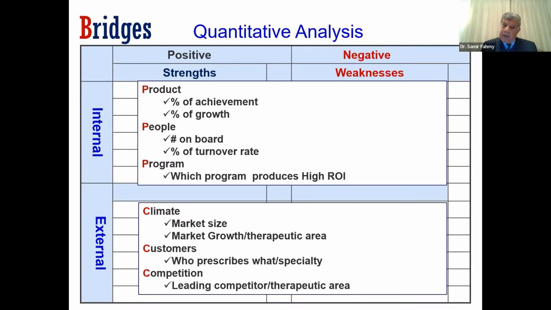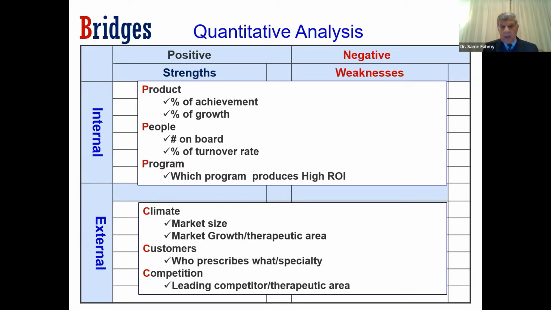And for external, we highlighted the climate or the market, customers, and the 3 Cs again, competition. For the product, we said percent of achievement of the product, percent of growth. For the people, the size on board and the percent of turnover rate.